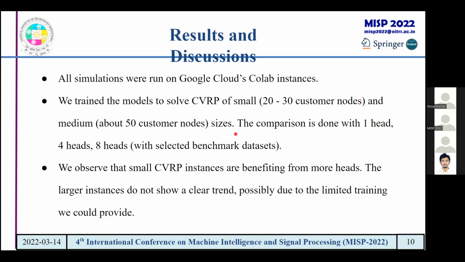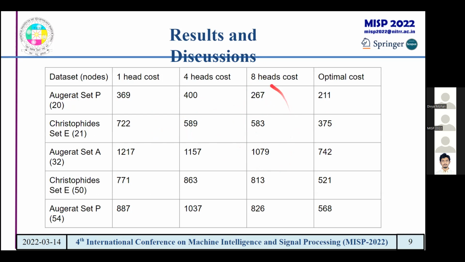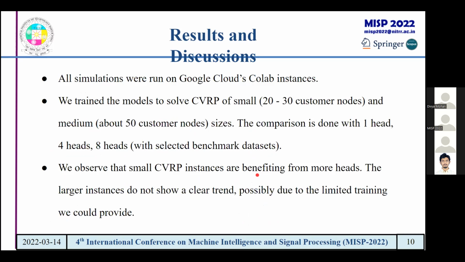So these are the nodes that we tested. Clearly, in the smaller number of customer instances, 8 heads outperforms the single head and 4 head costs. But in the bigger instance case, it needs more training, is what we understand.